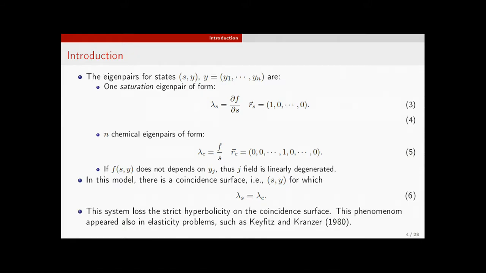Also, it's important to consider the case where we have a coincidence of eigenvalues, because in this case the rarefactions stop. This is a particular system because on both sides of the coincidence locus we have real eigenvalues, as was studied in this paper.